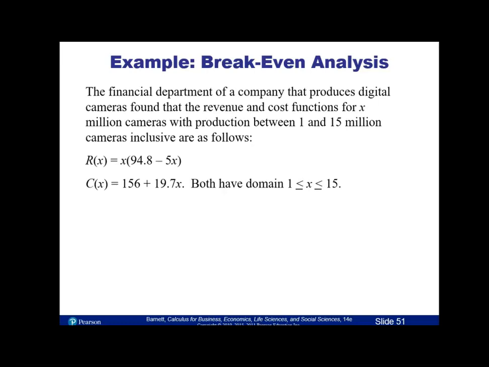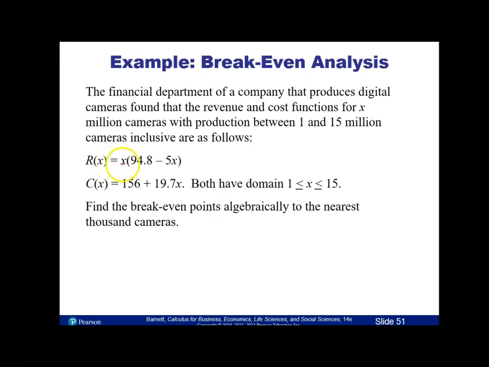Okay, we want to look at a few business applications here. So we've got the financial department of a company that produces digital cameras found that the revenue and cost functions for x million cameras with production between 1 and 15 million cameras inclusive are given below here. Okay, so what we want to do is to find the break-even points algebraically to the nearest 1,000 cameras.